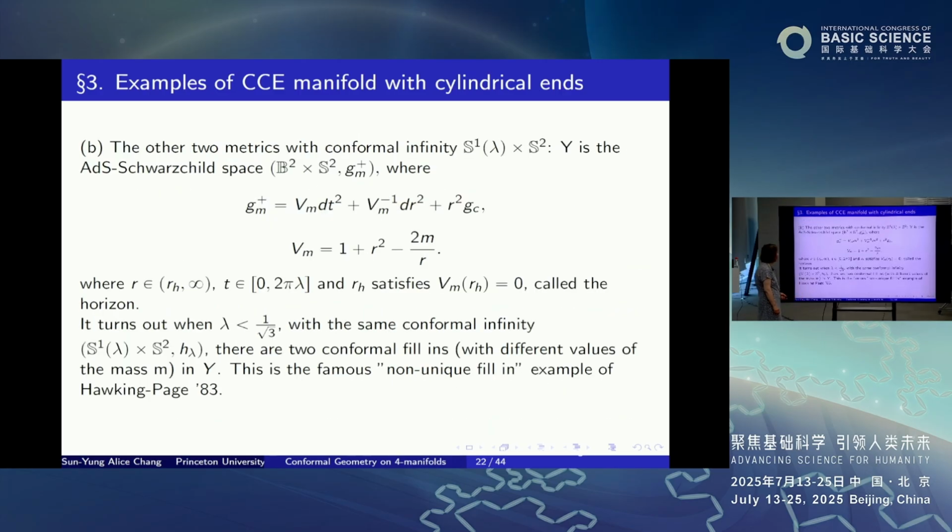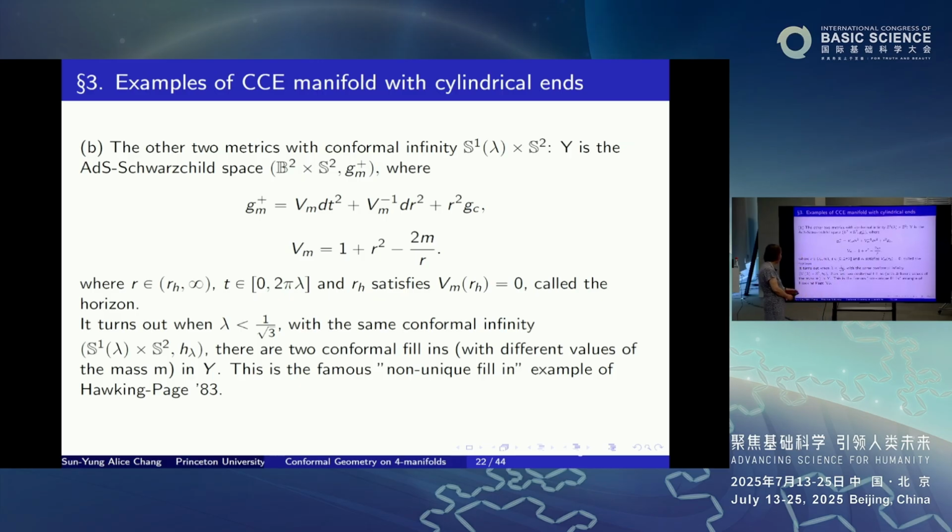And then there are 2 other metrics with conformal infinity S1 lambda when lambda is small. And this is the AdS-Schwarzschild metric, so it's written this way. And then we have this horizon when Vm equals 0.